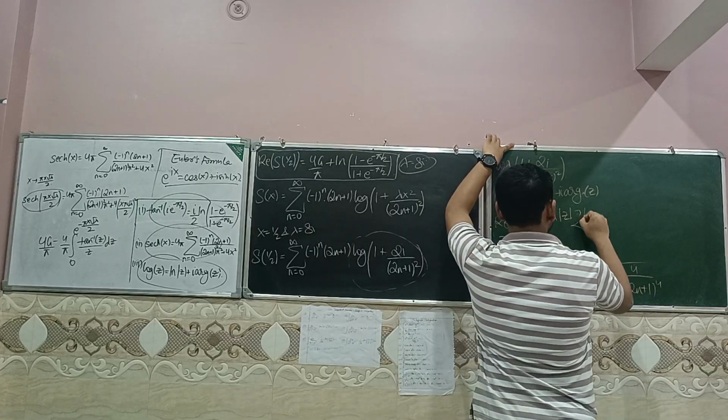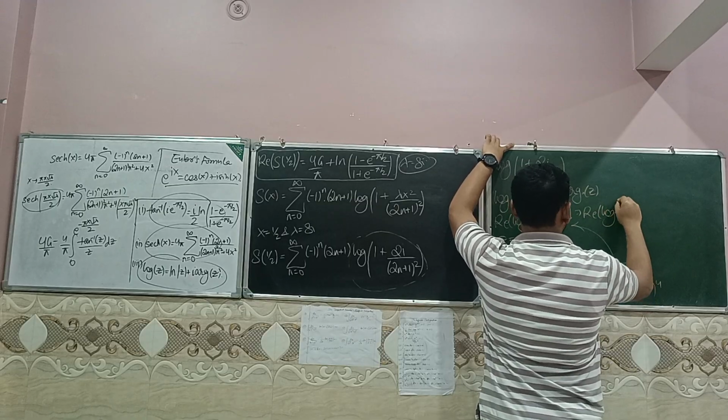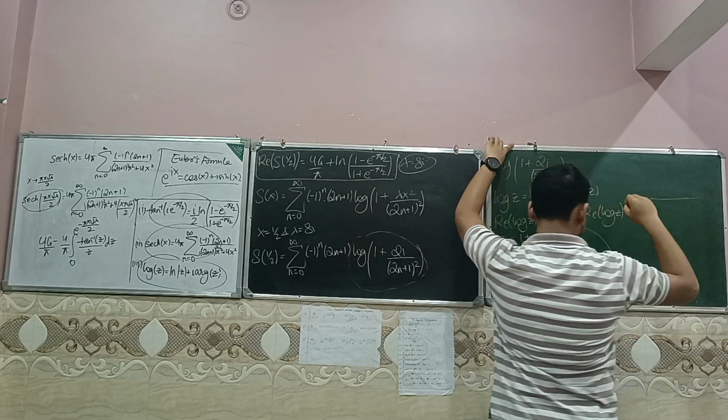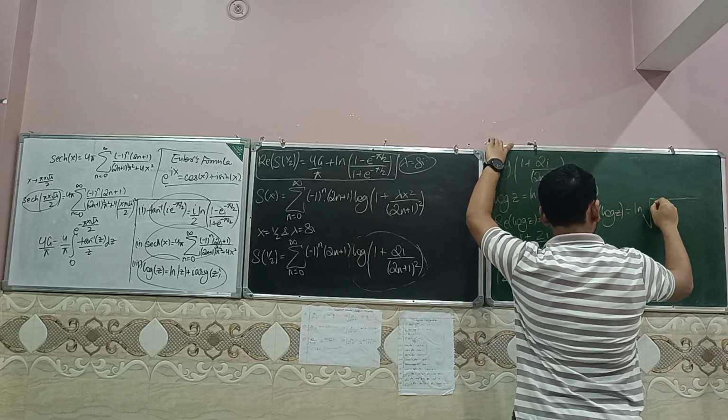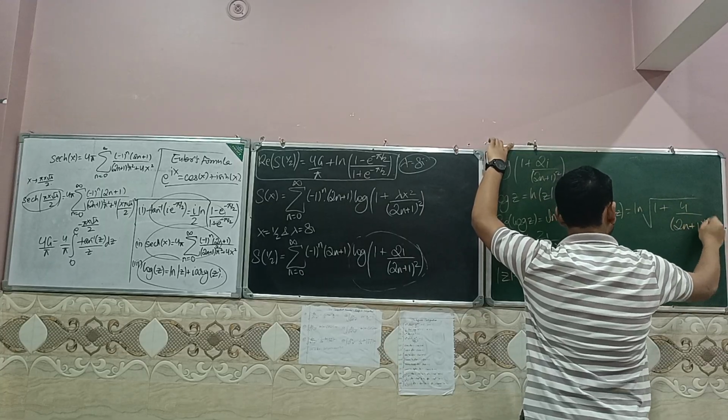And so just plug it down over here. So the real part of log z equals ln of the square root of 1 plus 4 over (2n plus 1) to the 4.